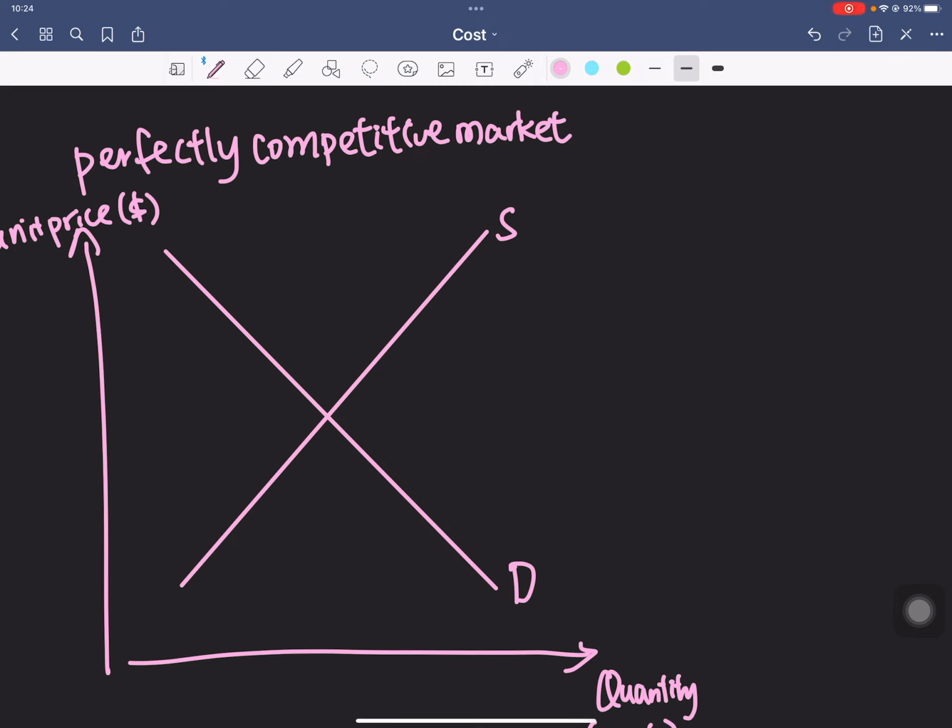It means that the products are all the same in the eyes of consumers. These are some features forming the perfectly competitive market. We're going to learn more about this in the future.